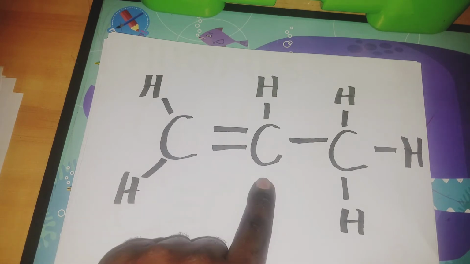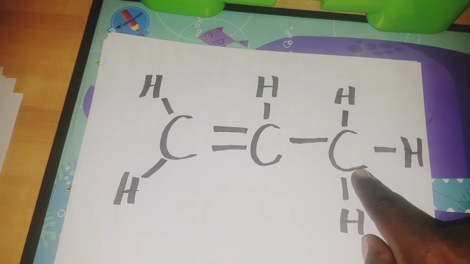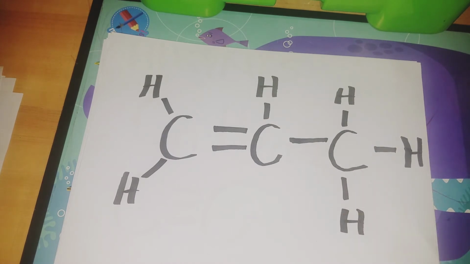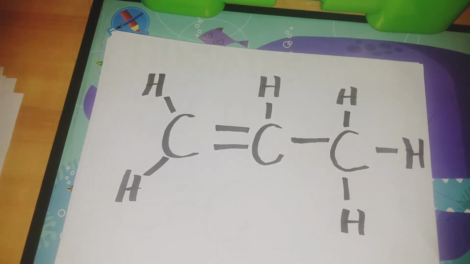Yes, there is. There it is right there. Then the number of hydrogens should be 2 times the number of carbons. So let's check. There are 3 carbons, so there should be 2 times 3, 6 hydrogens. 1, 2, 3, 4, 5, 6. So there we have it. We know that this is an alkene because it fits those two things.